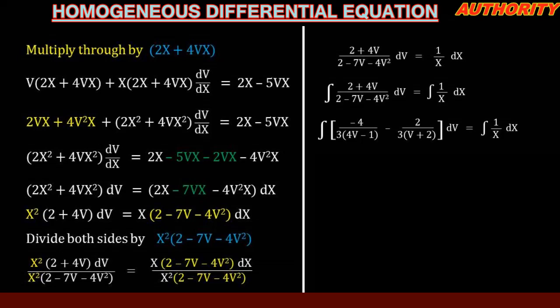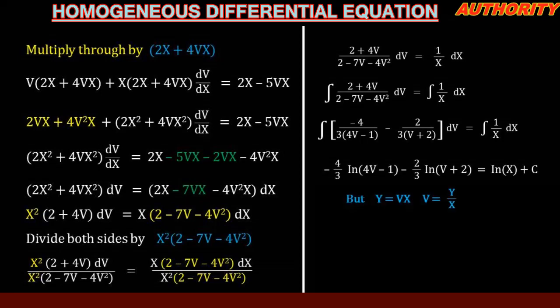So when we integrate, we are going to have minus 4 all over 3 ln 4v minus 1 minus 2 all over 3 ln v plus 2 close bracket equal to, when we integrate the right hand side, ln x plus c.